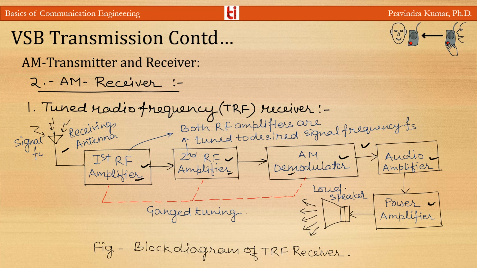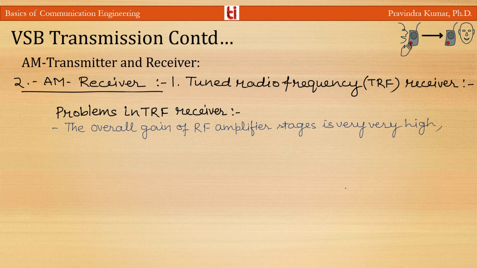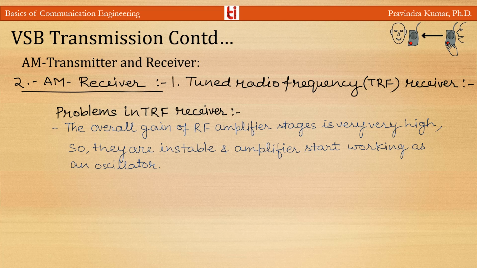Now there are some problems in TRF receivers. The overall gain of the RF amplifier stages is very high, so they are unstable, and the amplifiers start working as an oscillator.